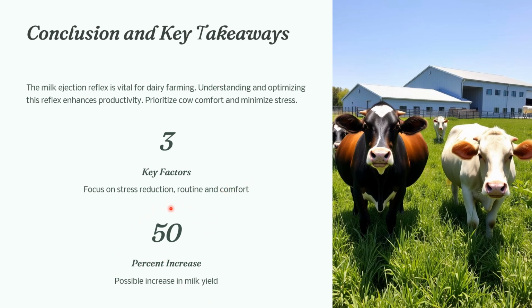If milk ejection reflex is proper and all three factors are kept in mind, then a farm can have at least a 50% increase in its milk yield and generate more profits. So this was all about the milk ejection reflex.